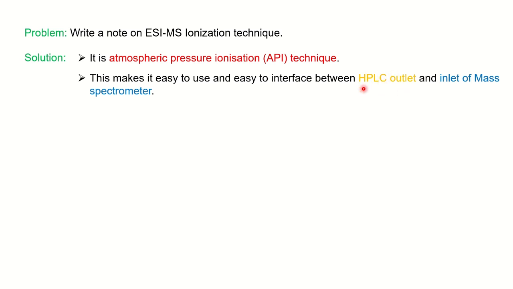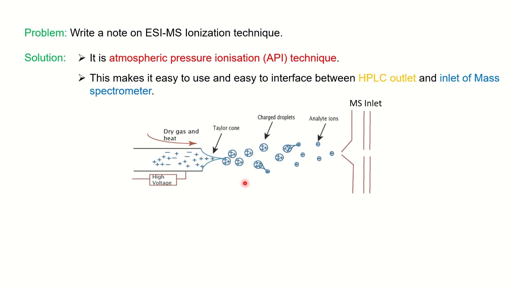Basically, if you are characterizing your sample by using HPLC, the output coming from it you can easily send to the inlet of the mass spectrometer, and there you can do the characterization by using mass spectroscopy.